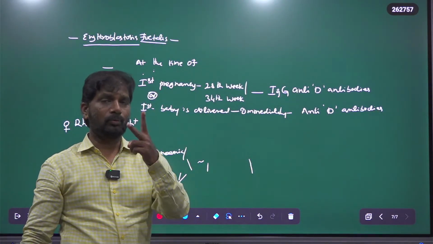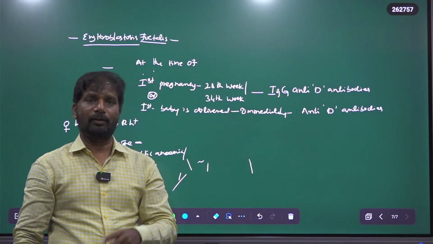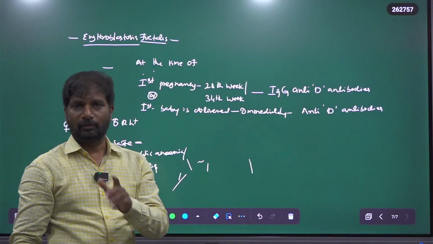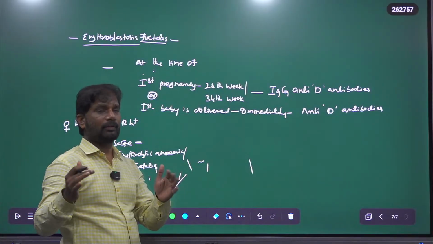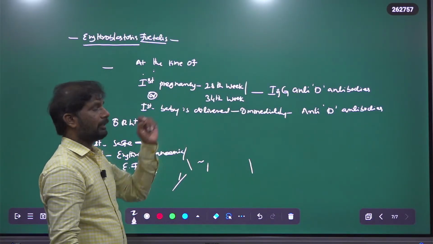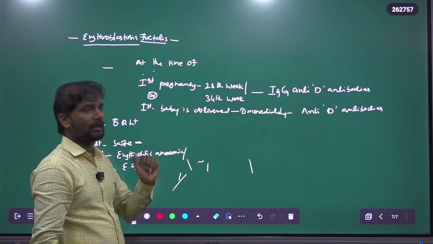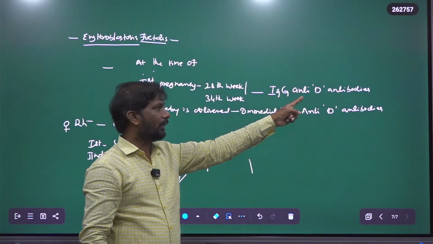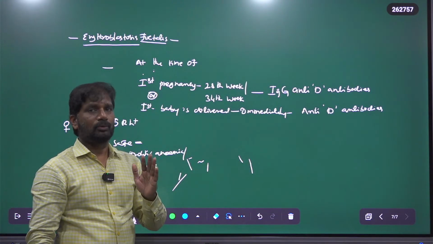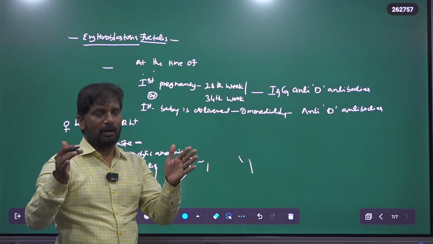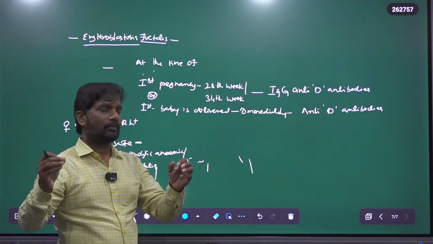So there are two chances to prevent erythroblastosis fetalis in the second child. What are the prevention methods? At the first pregnancy, in the 28th week or 34th week, IgG anti-D antibodies are given to the mother. These suppress the Rh antigen reactions, so the second baby will be safe.